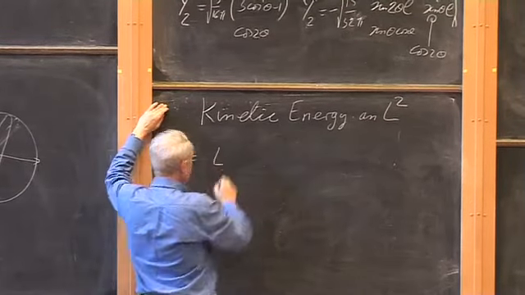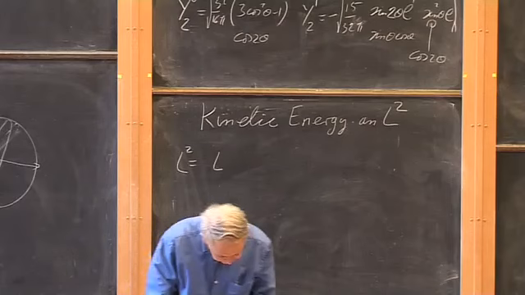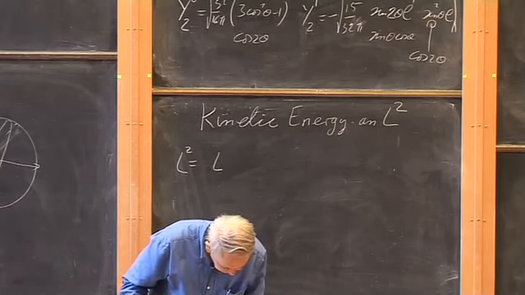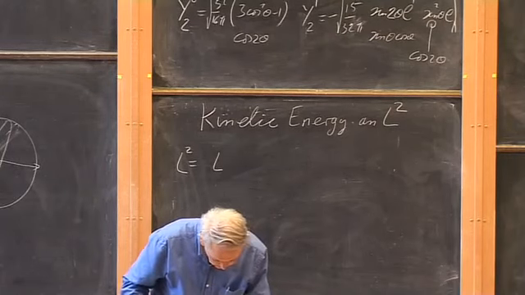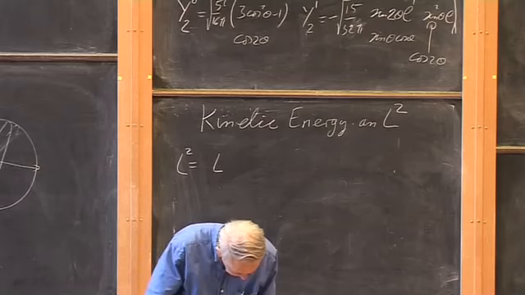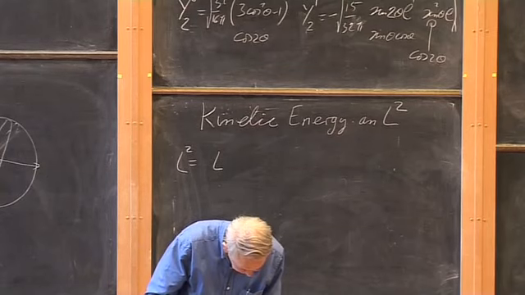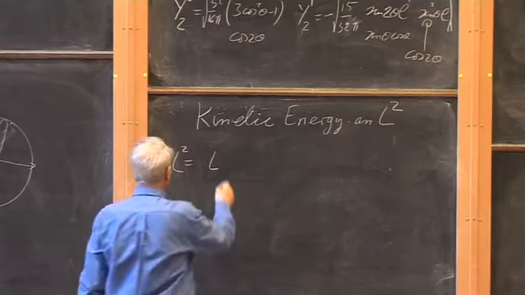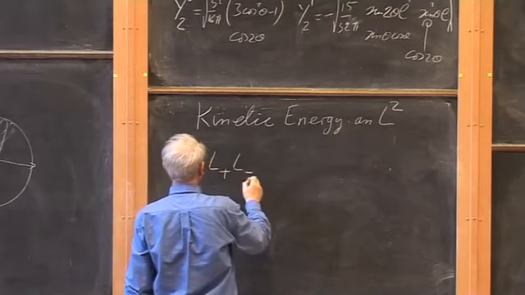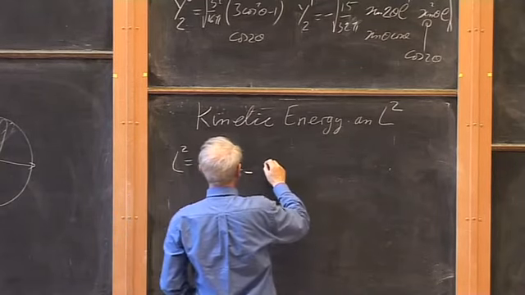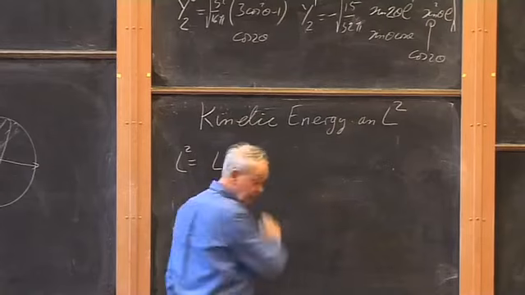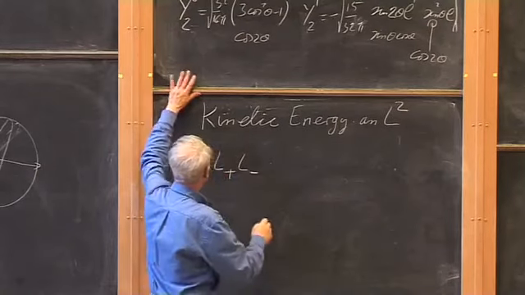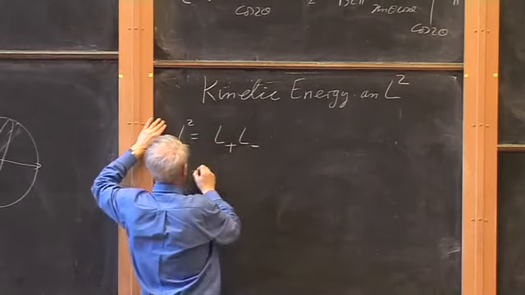can be written as L, which way around do I want to write it? I can write it either way, but I meant to do it consistently like this. Well, let's see what we're going to have to add to this to make L squared.